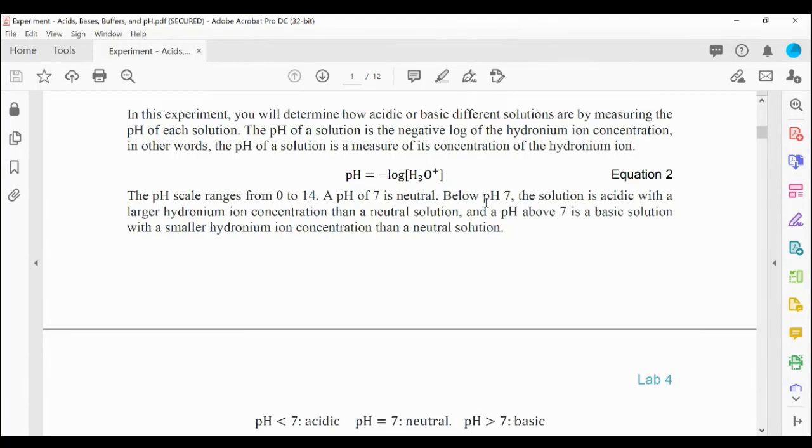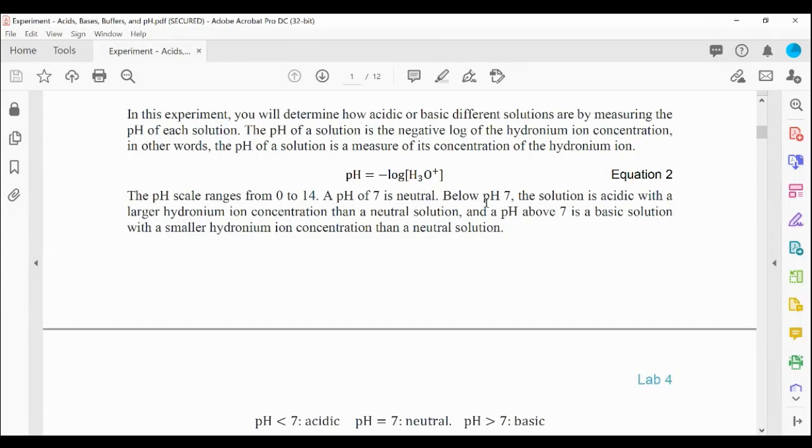So every time you hear that a solution is neutral, what does that mean? Neutral means the concentration of hydroxide, OH minus, equals the concentration of hydronium, H plus, or H3O plus, and is going to be 10 to the minus 7.